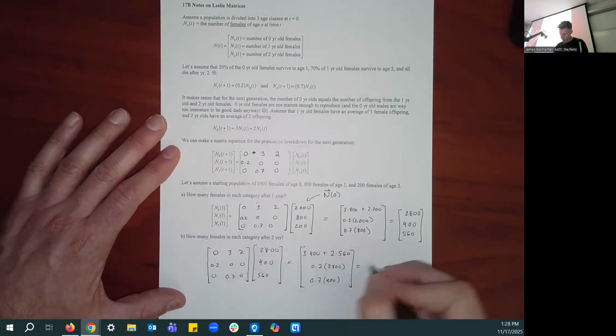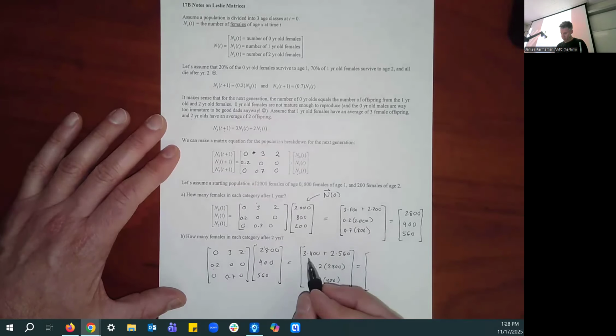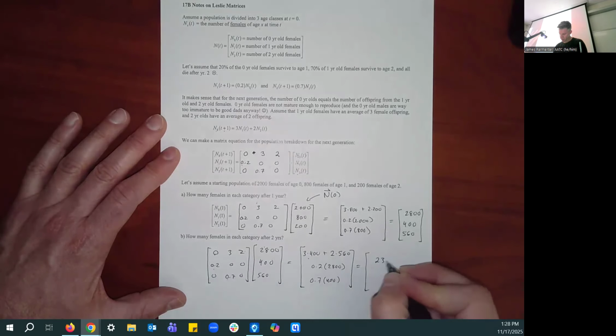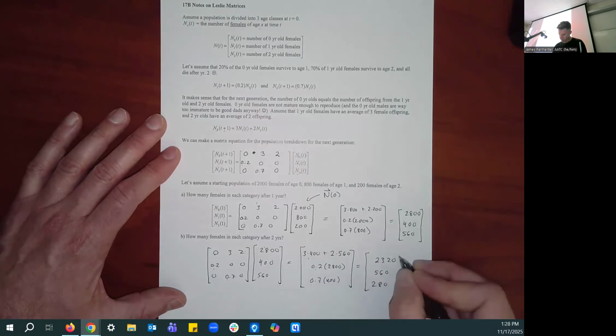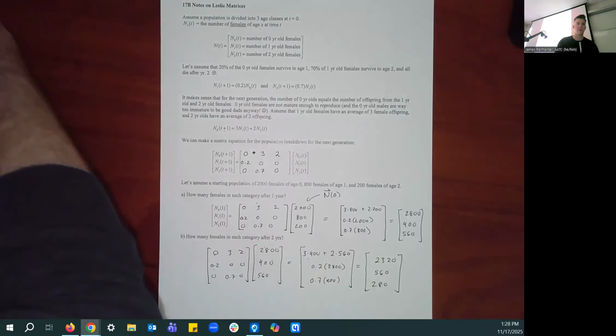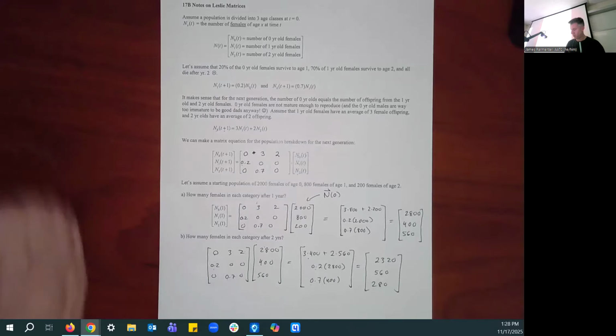So multiplying it out, we get 1,200 plus 1,120 is 2,320. 0.2 times 2,800 should be 560. And 0.7 times 400 should be 280. I guess I can double check my numbers. I'm just doing math in my head when I could be looking at answers. I don't think I'm making any mistakes, but it's good to double check. Yep, all those numbers look right on. Cool.